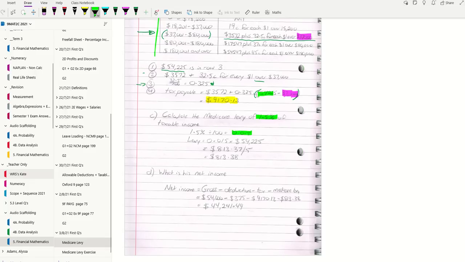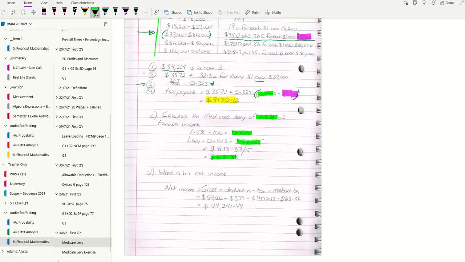Our levy is 0.015 times 54,225, which was our taxable income, and my calculator comes out at 813.375. Now there's no such thing as half a cent, so I need to round it off to two decimal places, or the nearest cent.